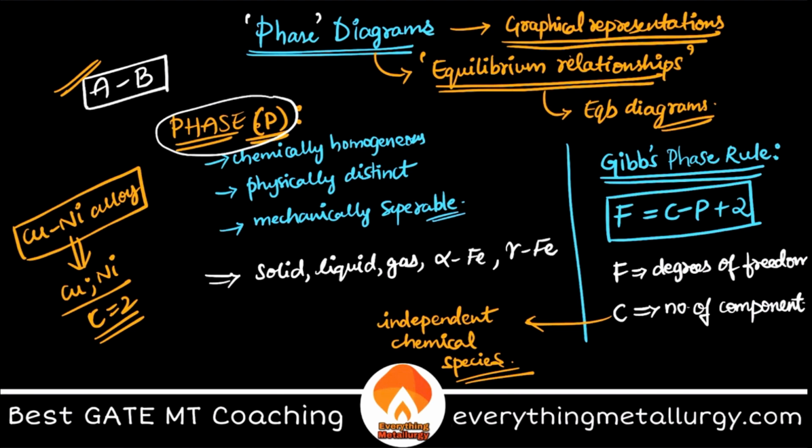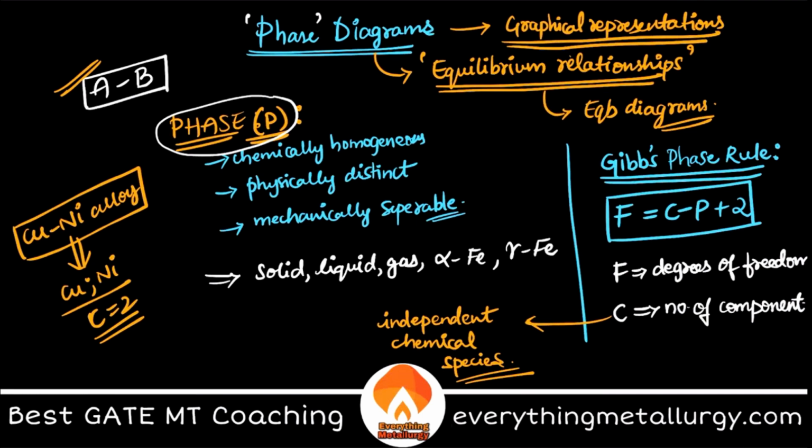Typically, we know, again, I'm talking about the independent variables. What are the variables that we have in our hands? Temperature, pressure, or composition. That means, let's say, 10% copper, 90% nickel is one composition. 50% copper and 50% nickel is one composition.